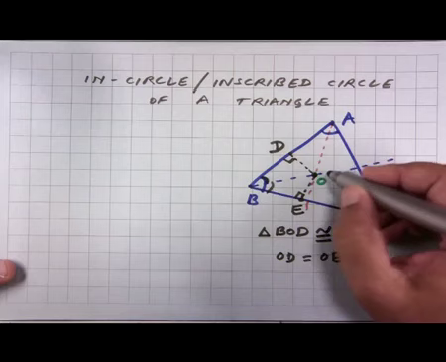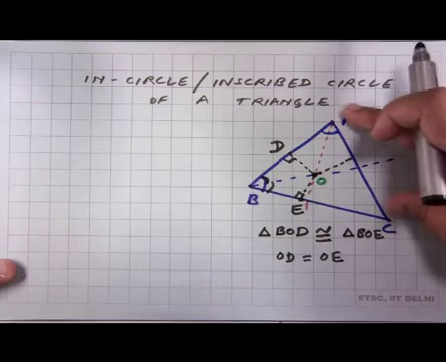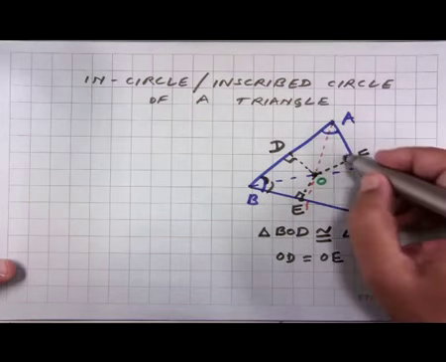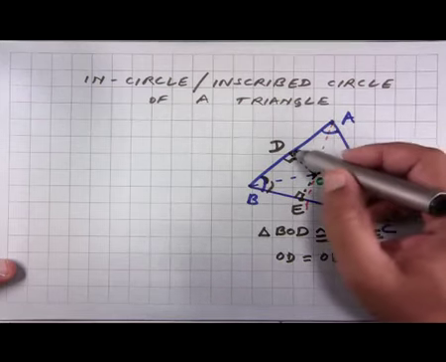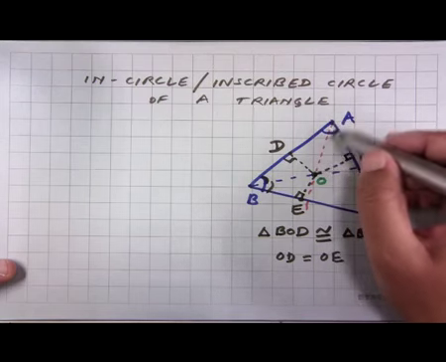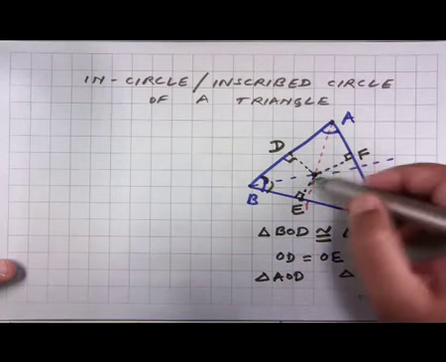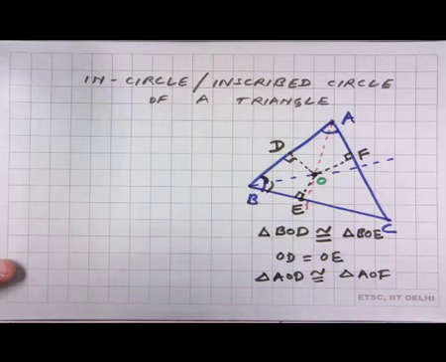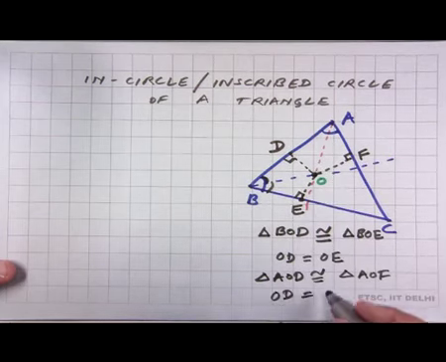A similar thing can be shown if we drop a perpendicular from this point O onto this line AC, and let us say that this perpendicular intersects the line AC at point F. Then, considering the triangles AOD and AOF, in a similar manner we can show that these two triangles are congruent, and because they are congruent, OD is equal to OF.